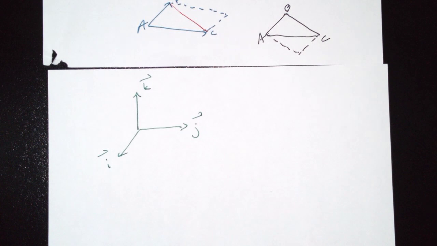But if I do I cross J, then K is going with it. If I do J cross I, then it'd be going the wrong way. So when I multiply by K, it'll end up being negative. See how the order makes a difference to whether I have a plus or a minus?